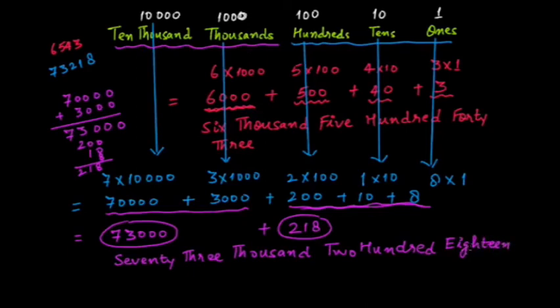So this is the overall concept, like why you group them: the thousands together and the hundreds, tens and ones together, and then lakhs and 10 lakhs and so on. It's just to read the numbers like that.